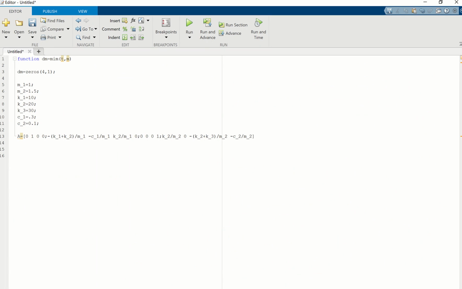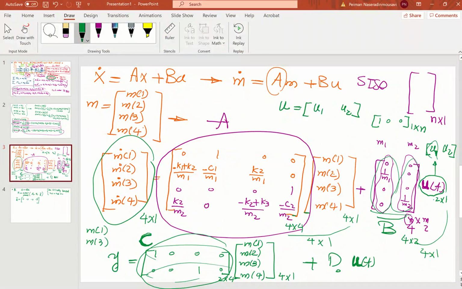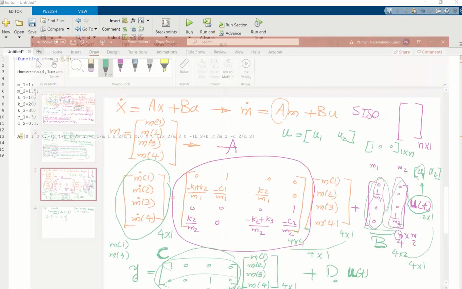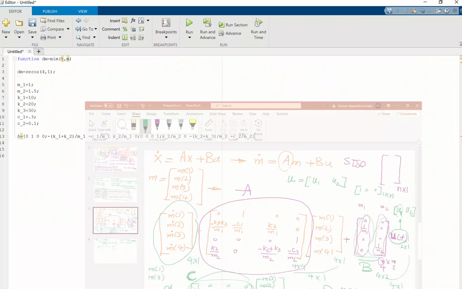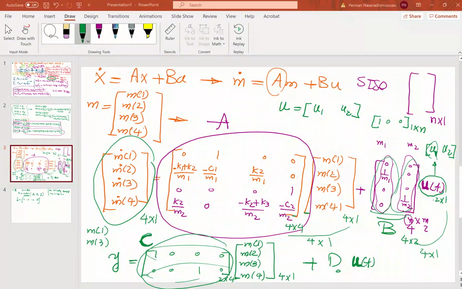Here we go, this is your A matrix. Let me double check: 0, 1, 0, 0; minus K1 plus K2 over M1, minus C1 over M1, K2 over M1, 0; 0, 0, 0, 1; K2 over M2, 0, minus K2 plus K3 over M2, minus C2 over M2.